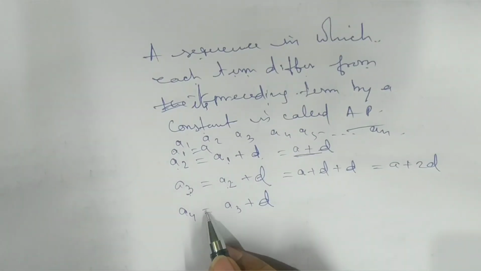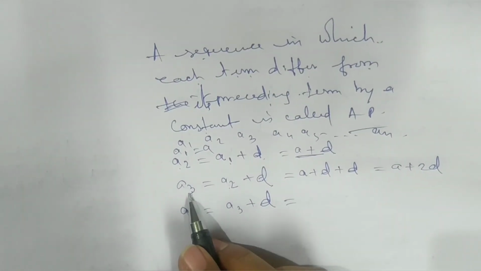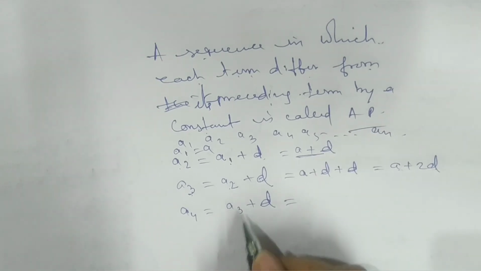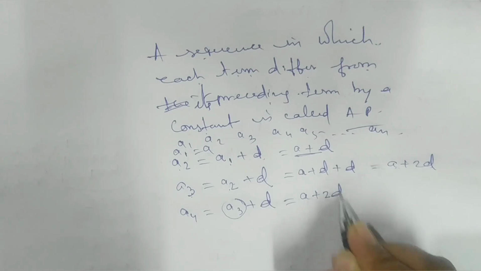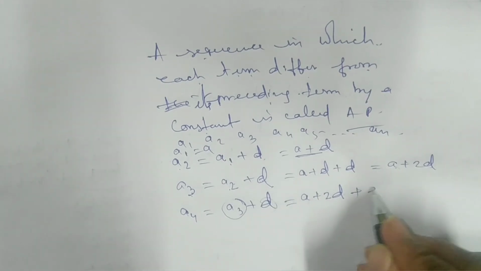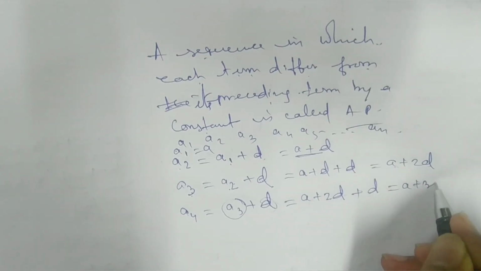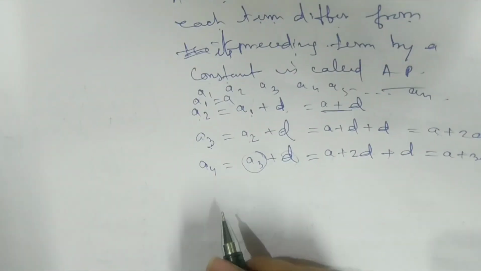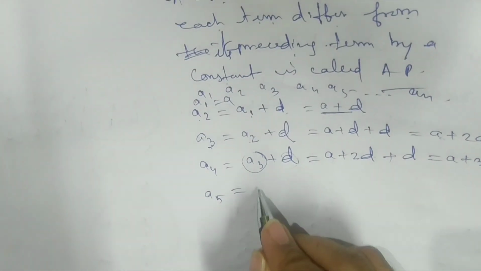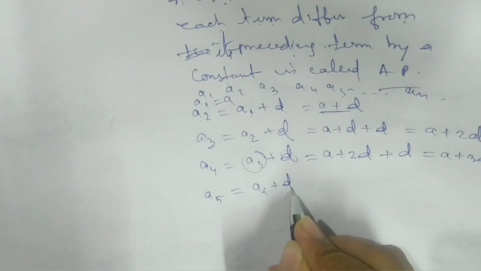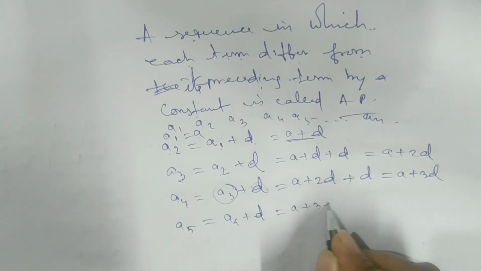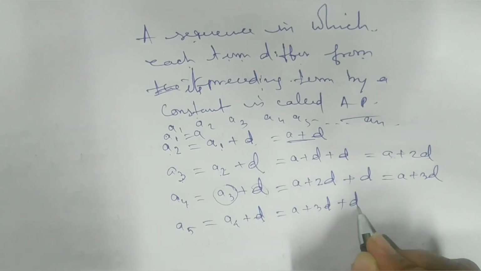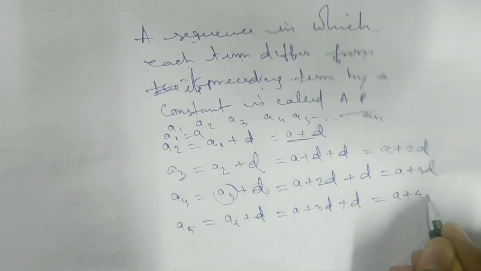Now for A3 we get A plus 2D, so A4 is A plus 2D plus D, which is A plus 3D. I will proceed for A5: A4 plus D, and A4 is A plus 3D, plus D, so we get A plus 4D.